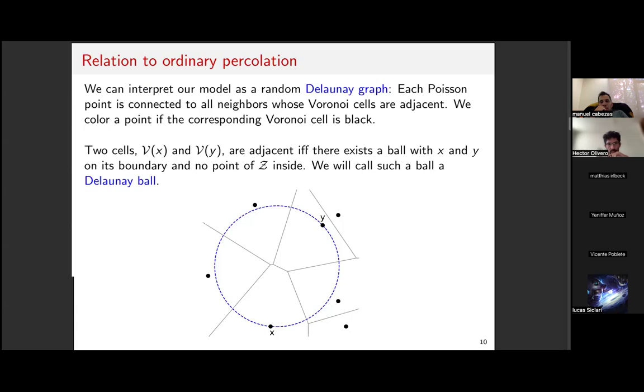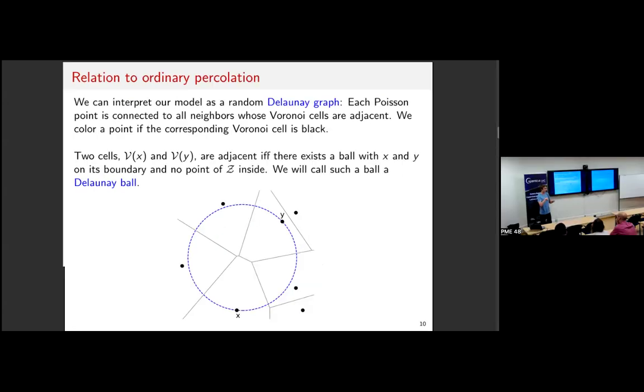You can think about the ball having its center at one of the faces, and the two points are on the boundary. This follows from the definition of the Voronoi cell: something like this has to exist in order for the two points to share a face, and for the two sets to be adjacent to each other.